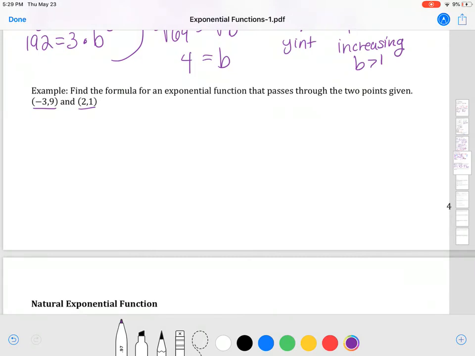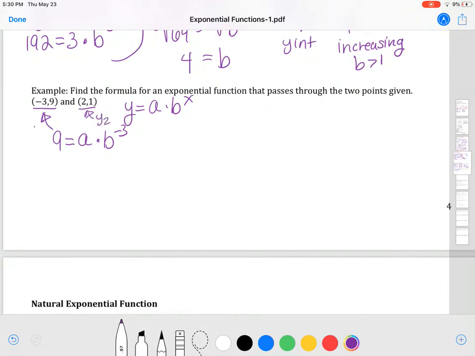So I'm going to make equation 1 with this point. I'm going to plug in, here's our general form, 9 for y and -3 for x. Then I'm going to come up with the second equation using this one.